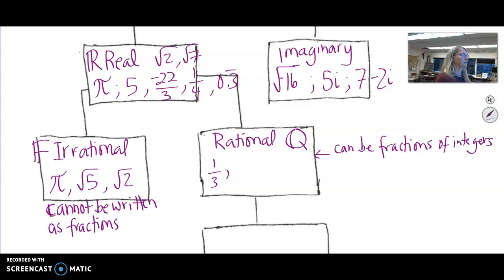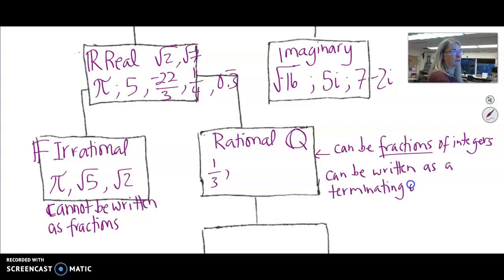So this also means if something can be written as a fraction, it can be written as a terminating, terminating means end, or repeating decimal.